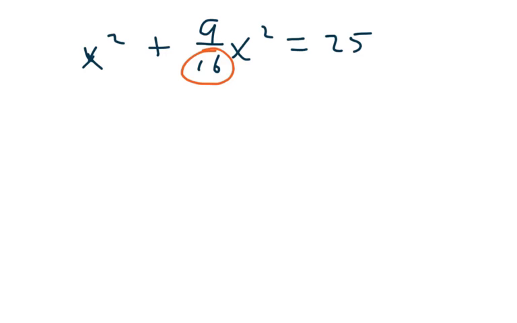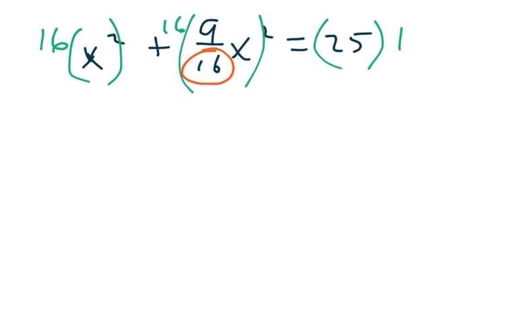Does everyone agree I have only one denominator, that's 16 in my problem, and I don't like that denominator. So watch this, guys. What I'm going to do is I'm going to times every term, every part, by that common denominator 16. Alright, now let's see what happens.